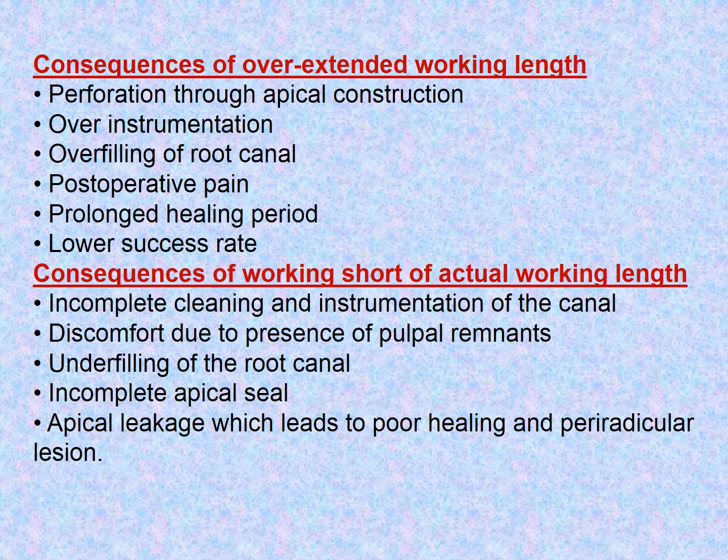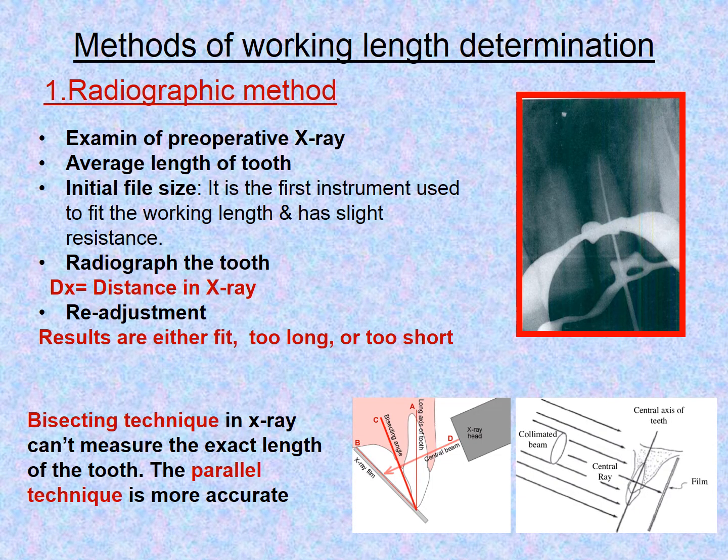While the consequences of working short of the actual working length: incomplete cleaning and instrumentation of the canal, discomfort due to presence of pulpal remnants, underfilling of the root canal, incomplete apical seal and apical leakage, which lead to poor healing and periradicular lesion. Methods of working length determination.